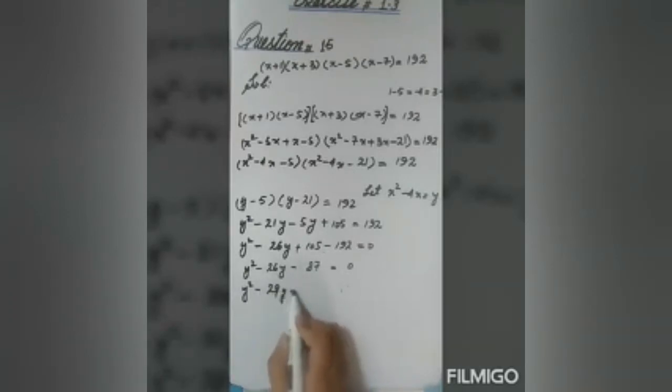Now we will do midterm breaking. y square minus 29y plus 3y minus 87 equals 0. 29 multiplied by 3 is 87, and by subtracting, it is 26. Now take y common: y into (y minus 29) plus 3 into (y minus 29) equals 0.